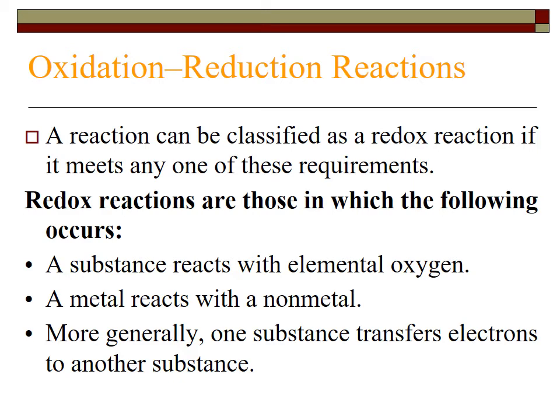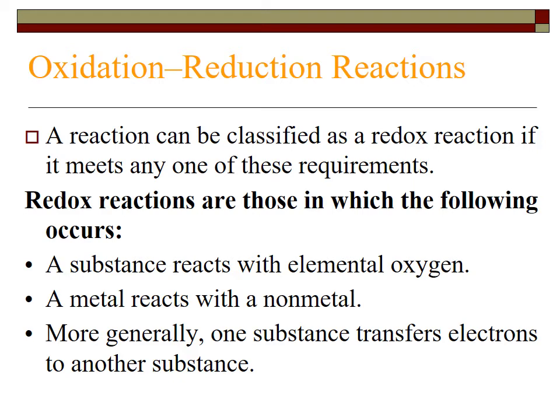A metal reacts with a nonmetal. We talked about metals and nonmetals on the periodic table. What's happening is a transfer of electrons. Something as simple as sodium chloride: sodium is a metal, chlorine is a nonmetal.